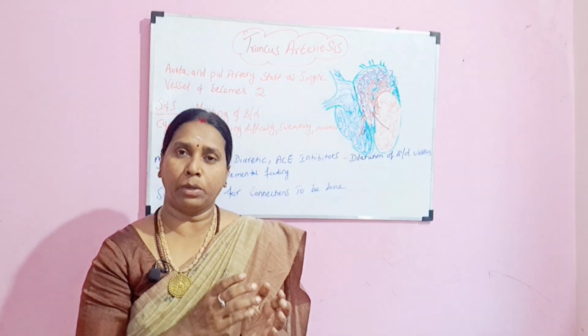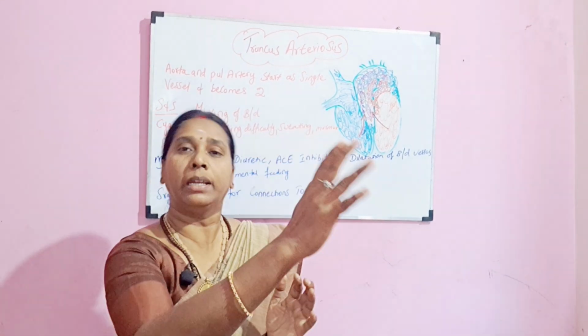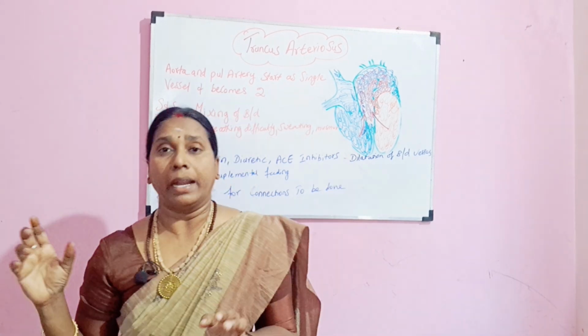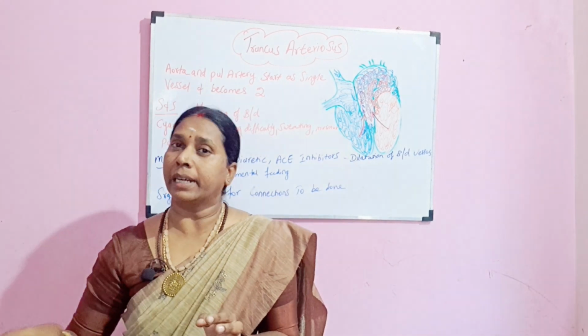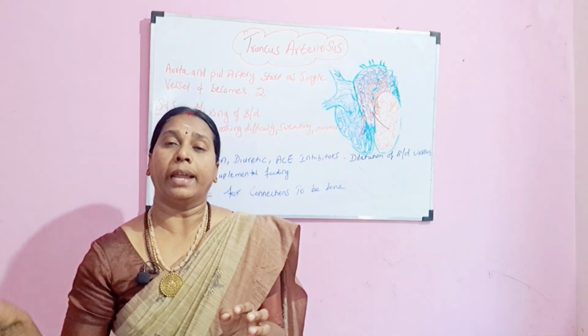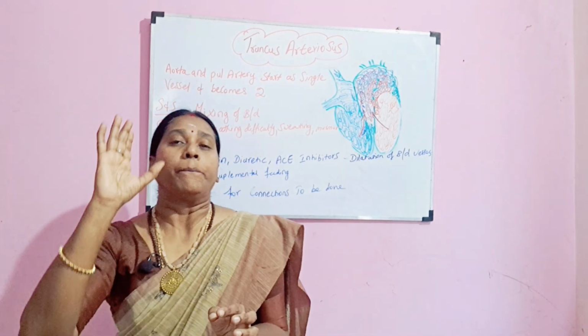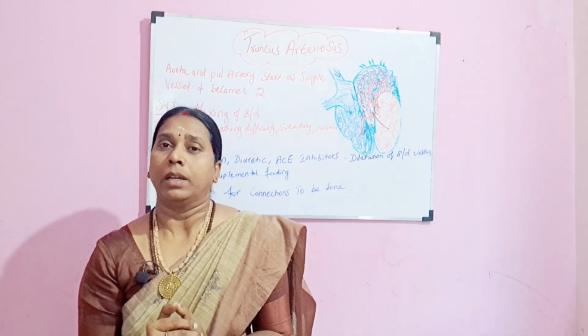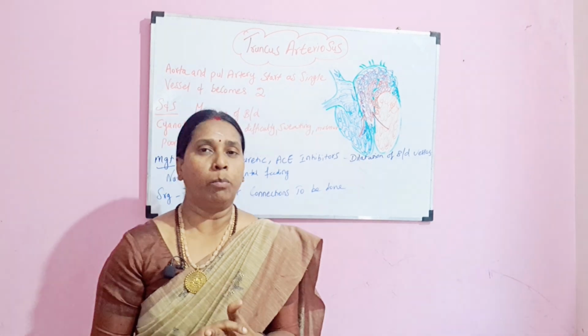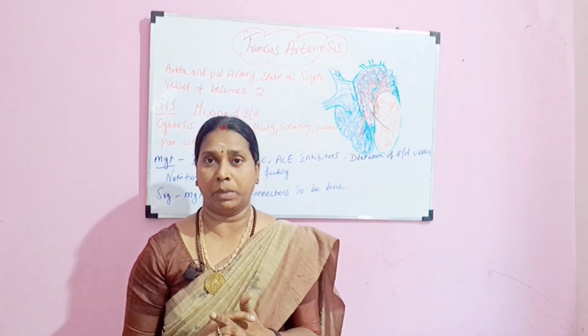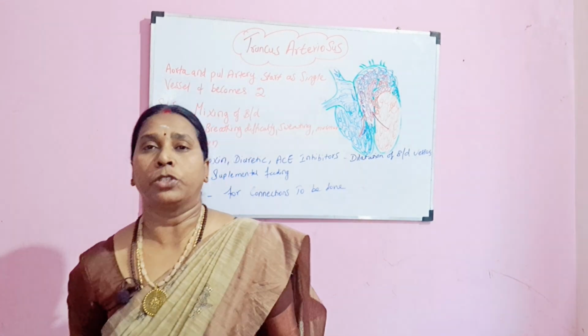That will become the pulmonary artery and it goes to the lungs for purification. And then the aorta is connected to the left ventricle, taking pure oxygenated blood to the systemic circulation for supplying the whole body. So this correction has to be done, as with your transposition of great arteries.